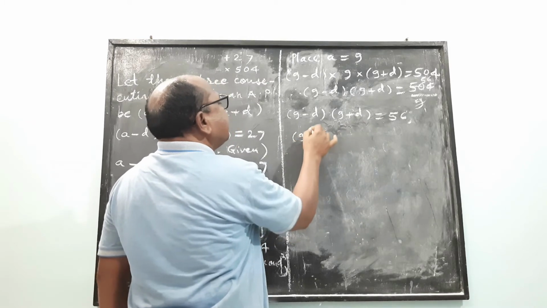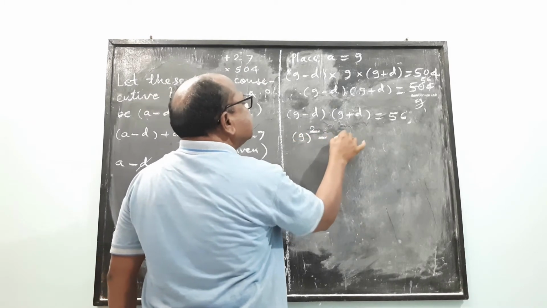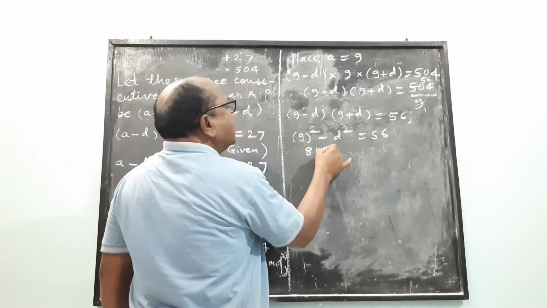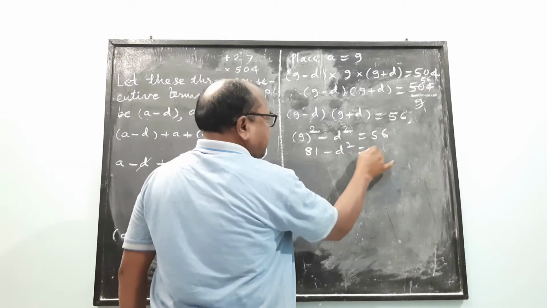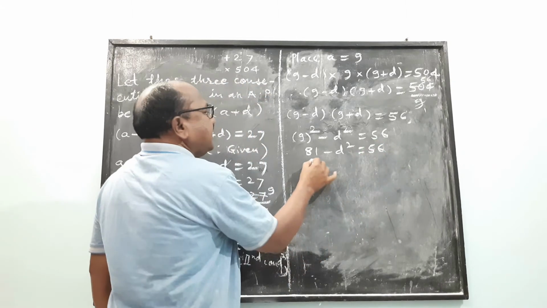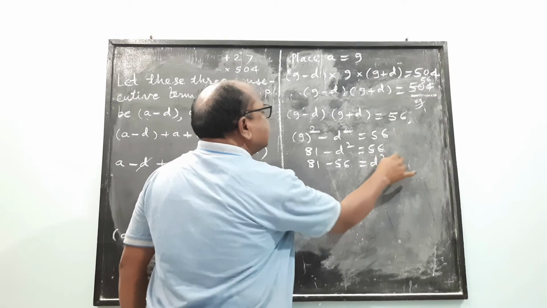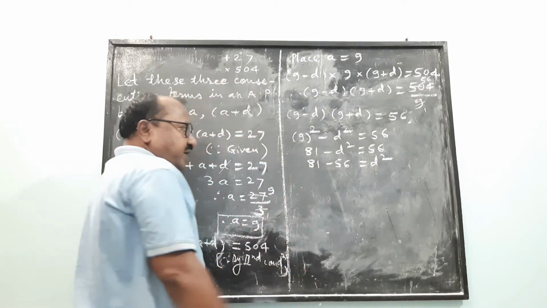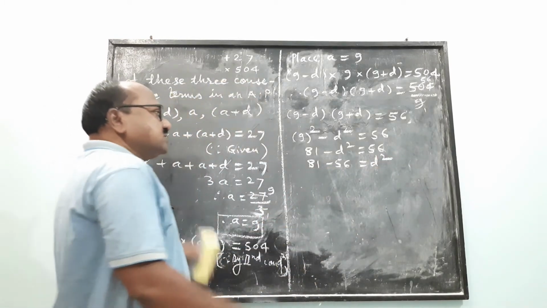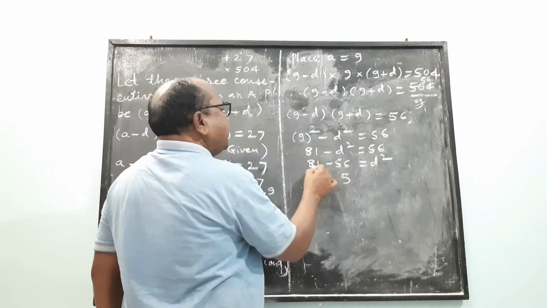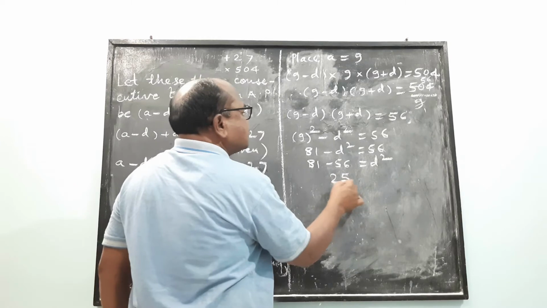It can be simplified further. 9 square minus D square equal to 56. 81 minus D square equal to 56. 81 minus 56 equal to D square. So 11 minus 6, so 5, and 8 minus 6, so 2.